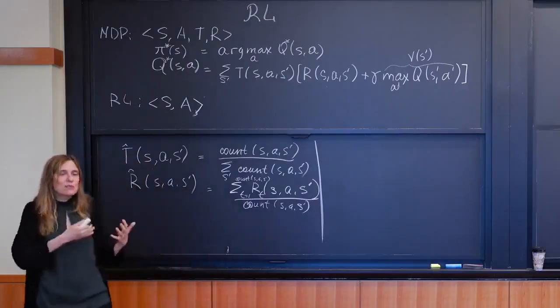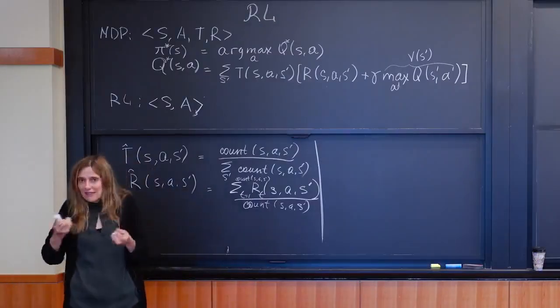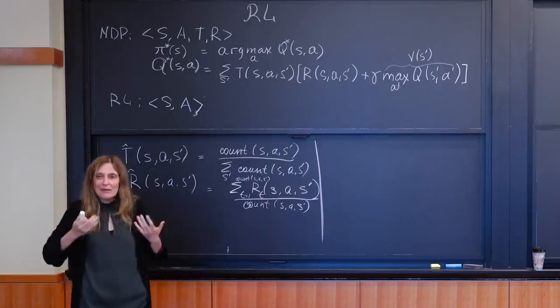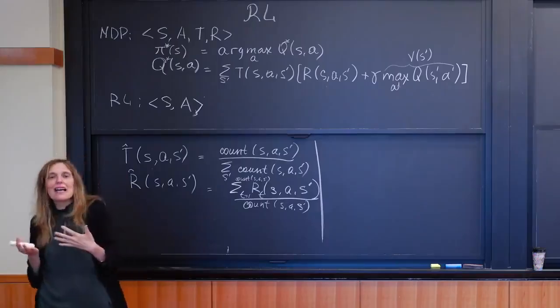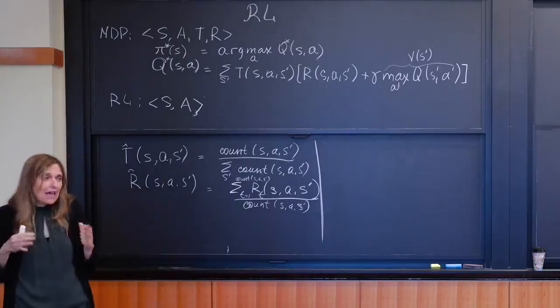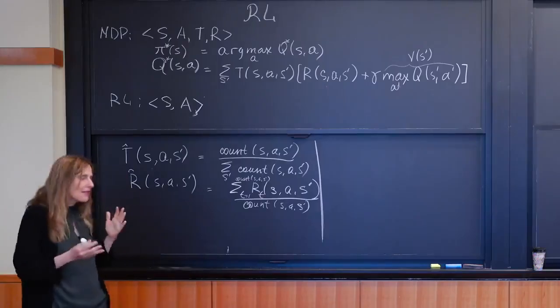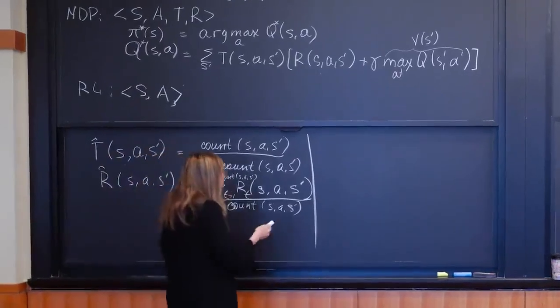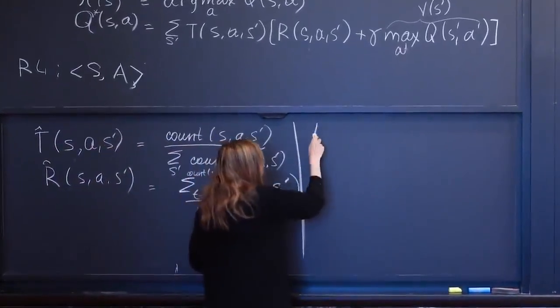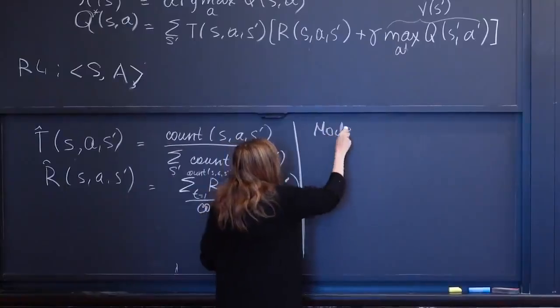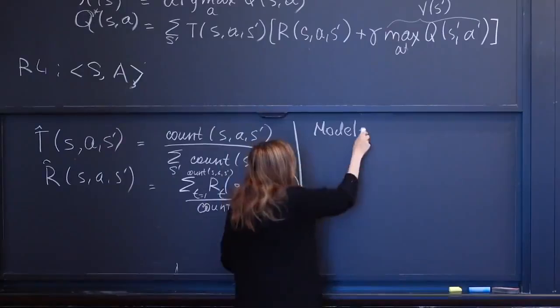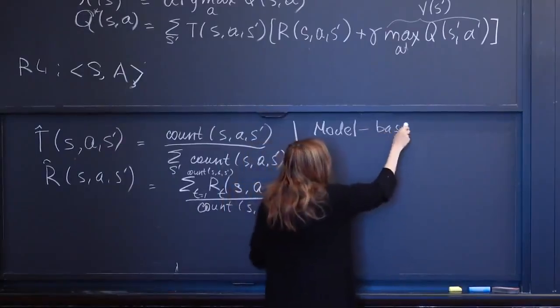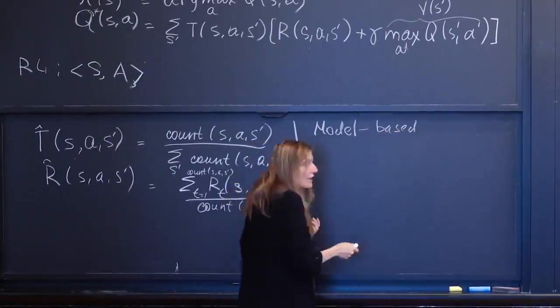I can go explore the world, collect some measurements, and as I collect the samples, I become smarter and smarter, and it guides me to where to collect the samples. To make it very simple, I will draw you a very simple example that discriminates between model-based and model-free learning.